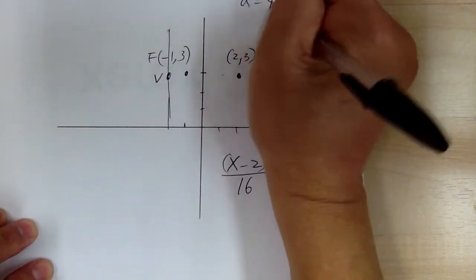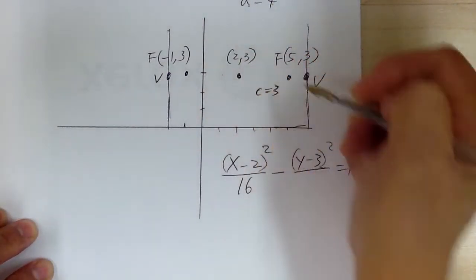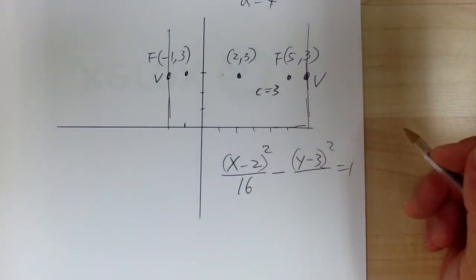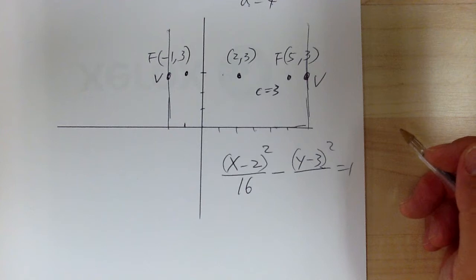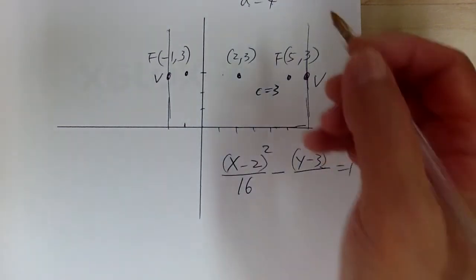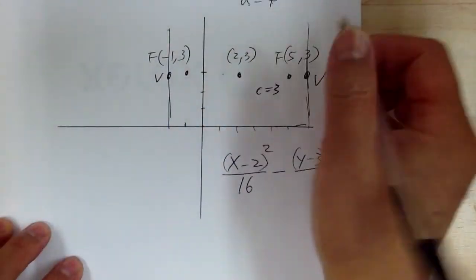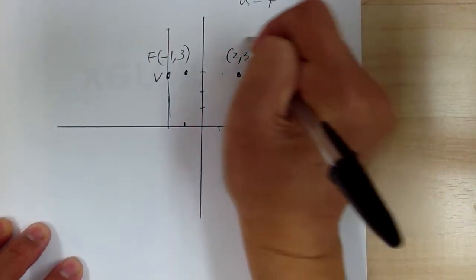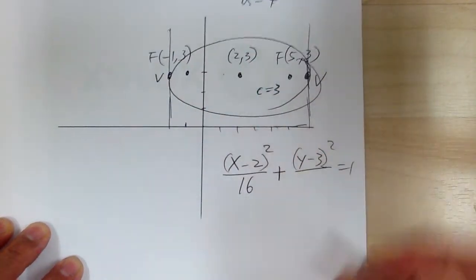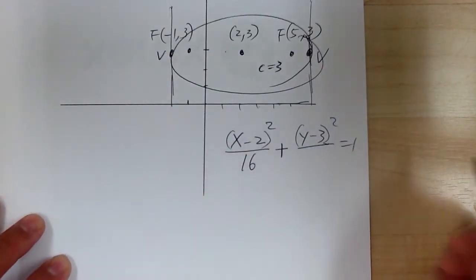So now you have a equal to 4, c equal to 3. Then you have to use the Pythagorean Theorem. Oh wait, this is an ellipse, so you don't need a box. Your ellipse would look something like this. It's an ellipse, so it's plus.